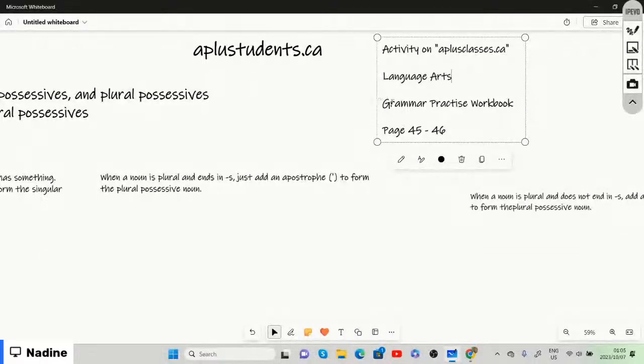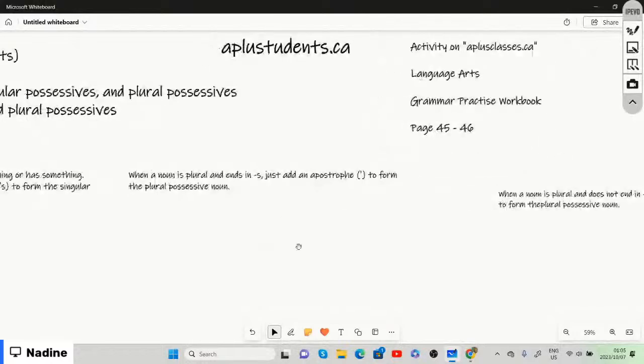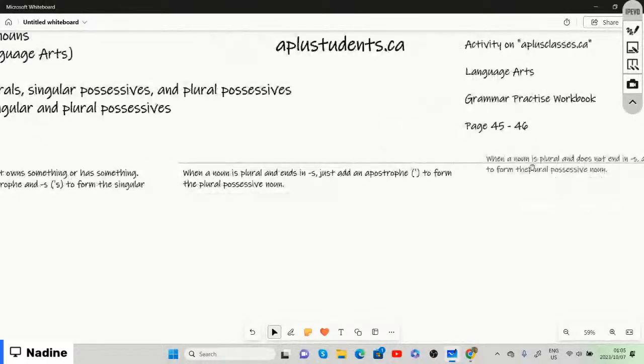And then we're going to the grammar practice workbook. And then we are going to do pages 45 to 46. But that will be for later, before our session ends.